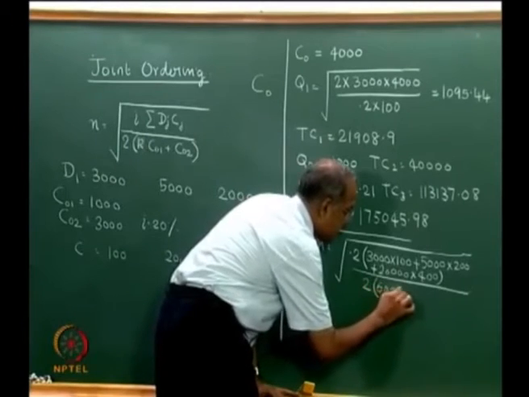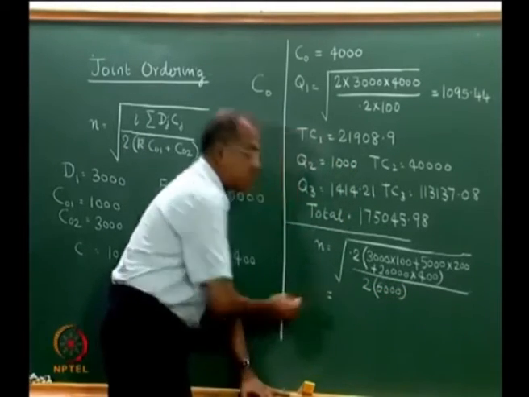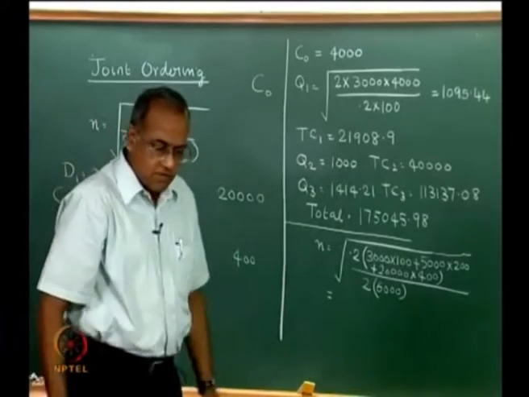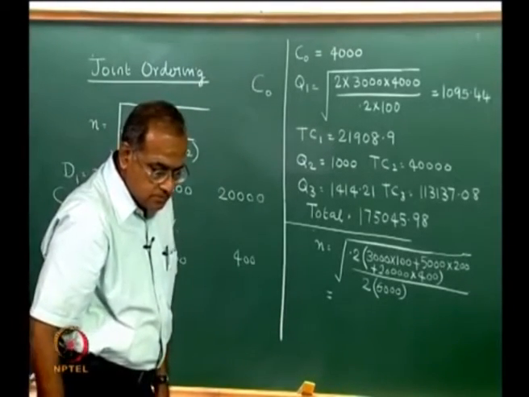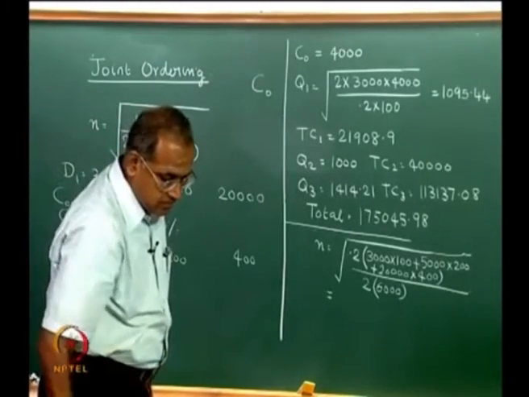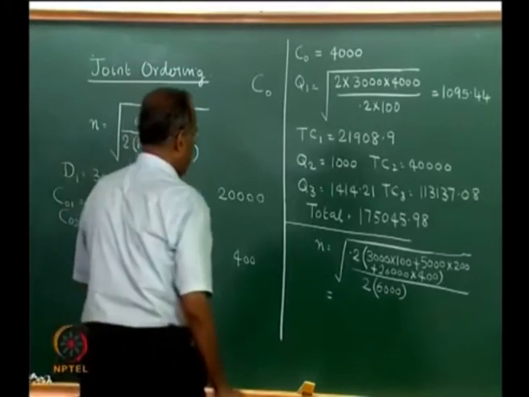So 6000. This on computation gives us n equal to 12.45.